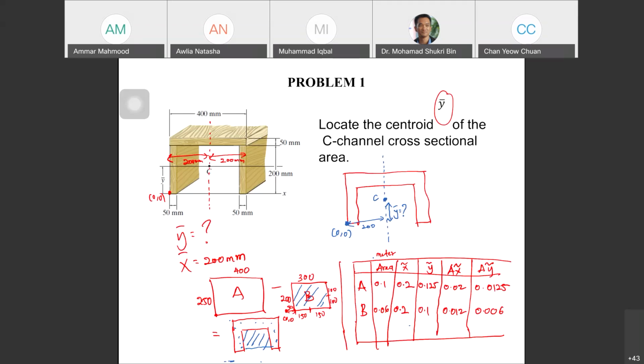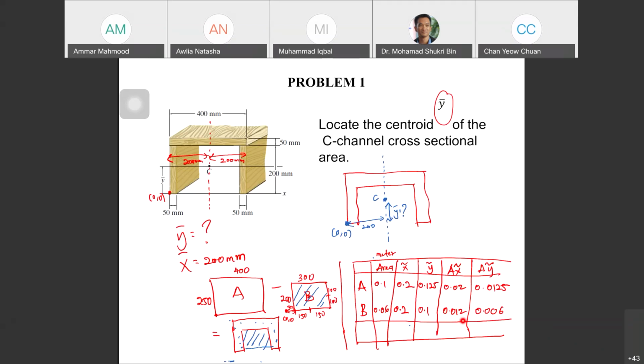So you are done with this one. Next you need to add. For this one, you need to remember, you already decided you need to subtract. So you cannot just add, you need to subtract. So like this one 0.02, you need to subtract 0.012.